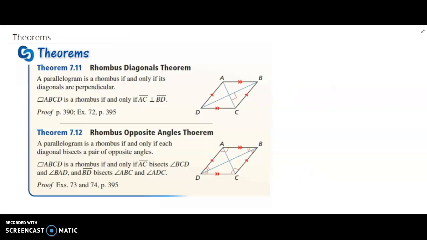All right, so when we're talking about a rhombus, the rhombus has two properties that really go along with it. So we have a property of a diagonal. The rhombus diagonals theorem basically tells us that a parallelogram is a rhombus if and only if its diagonals are perpendicular. Okay, so these are perpendicular.